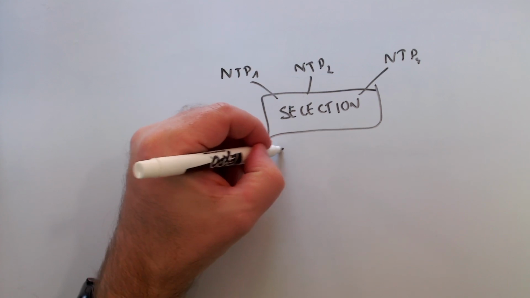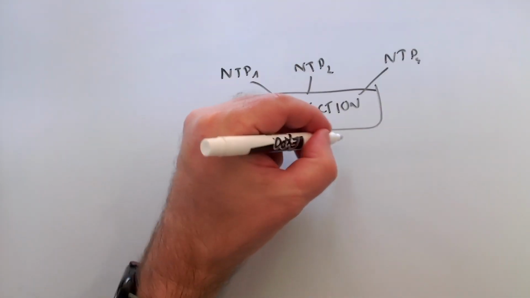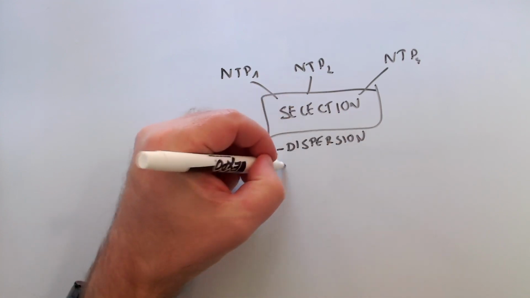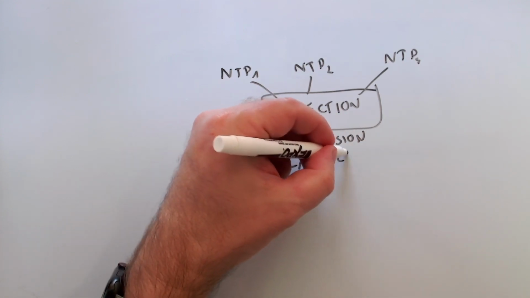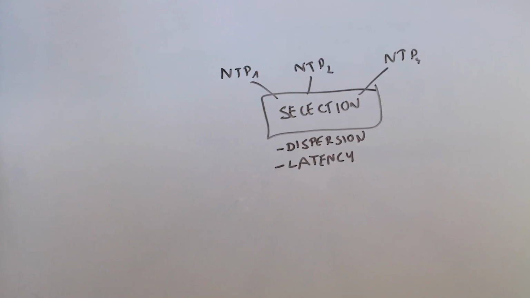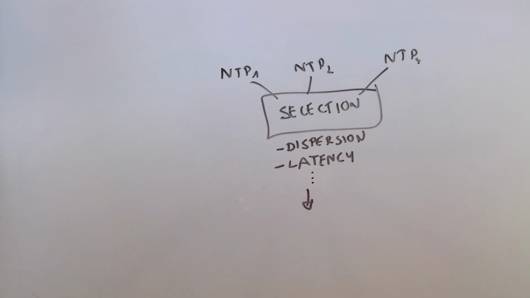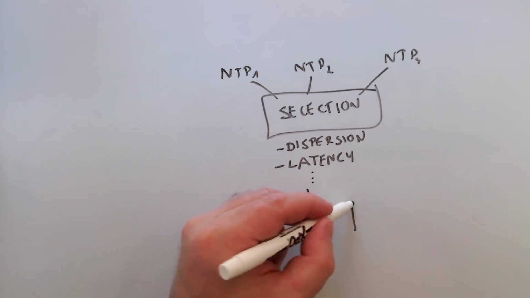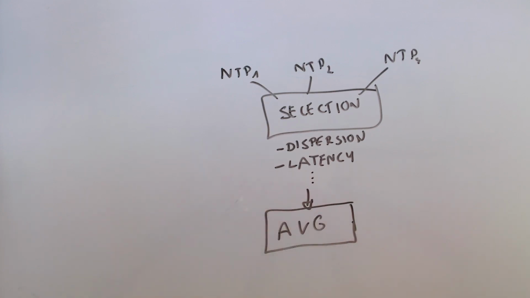And there are things like the dispersion we saw earlier that's being used. There is the latency, because shorter latency usually also means more consistent latency, and a couple other factors are being used to then select one or more NTP servers, and then they're used to figure out what the right time is.